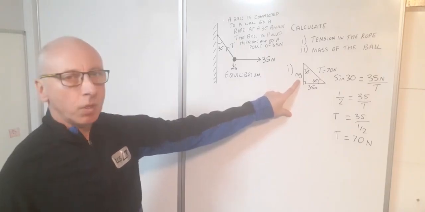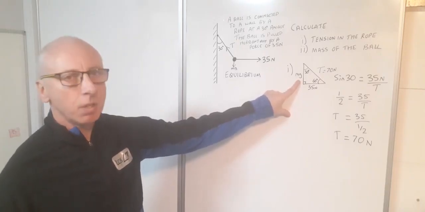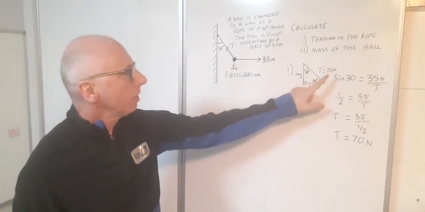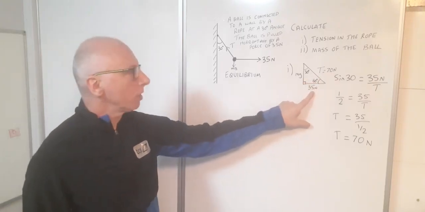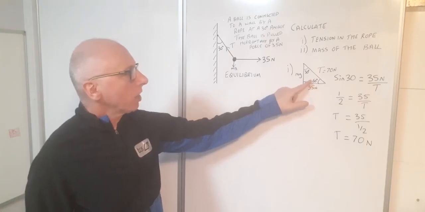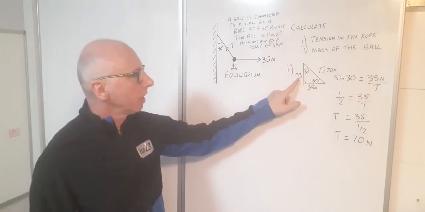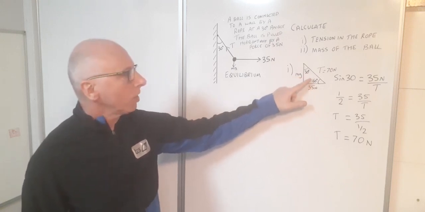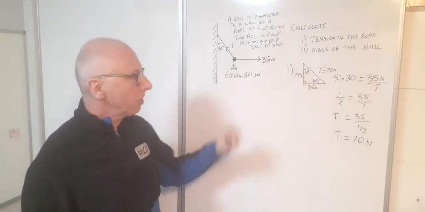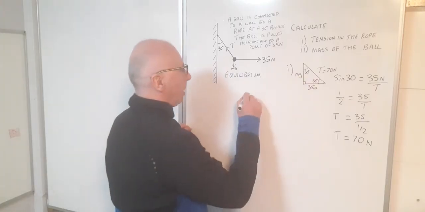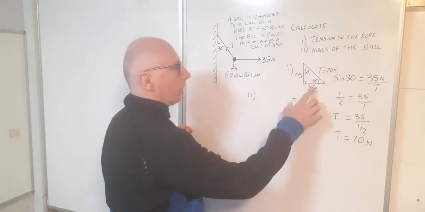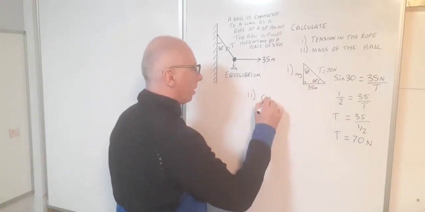Now, first of all, I will need to find the force in newtons, as my triangle here is all in newtons. So with that, I could use sine of 60 or I could use cosine of 30. Either way, so I'm going to use cosine of 30. Let's do that. So for part 2, I've got cosine of 30.